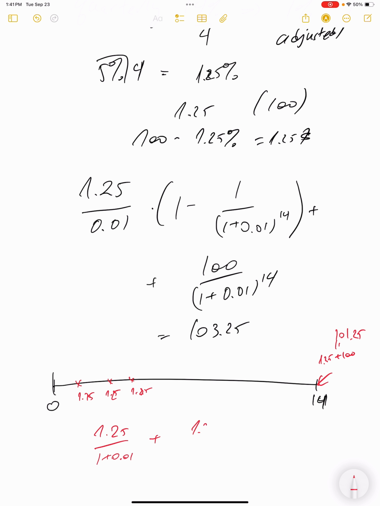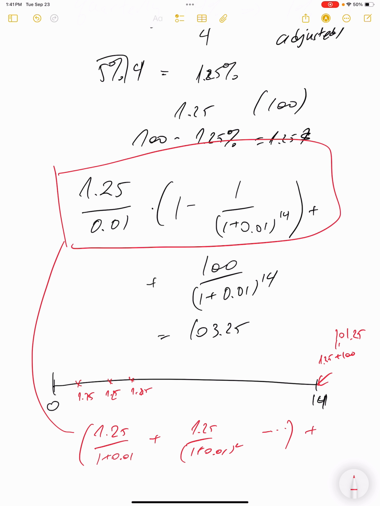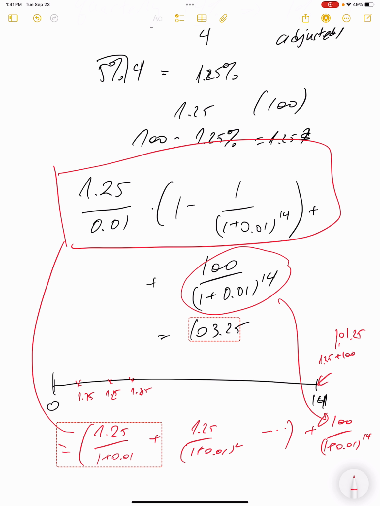The second payment is 1.25 divided by 1 plus 0.01 squared, etc., etc. Now this is actually summed by this formula. At the end, you have your principal part, which is coming from here. So the answer here is 103.25, and hopefully you understand better now how it works, and that's it.